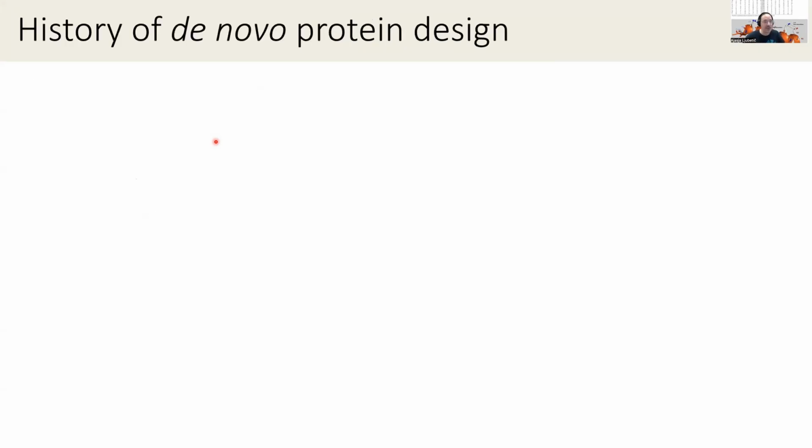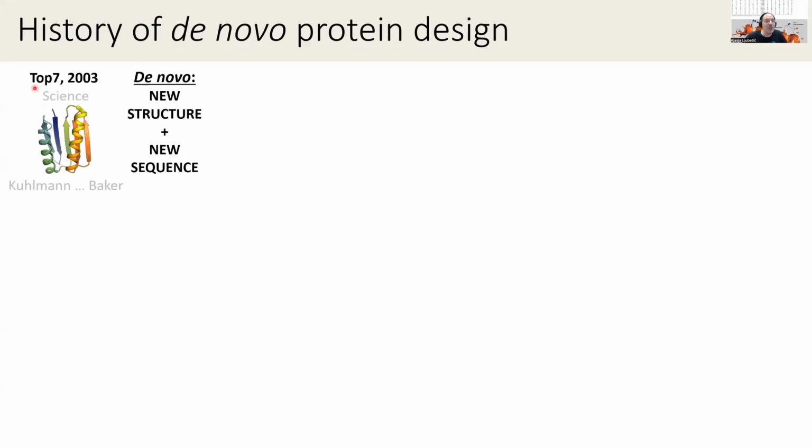So first, maybe just a little introduction of what Rosetta can do, what it's good for. It can design proteins de novo, which in my definition means that you design a new structure and a new sequence. One of the first examples of proteins that did that was Top7, in 2003.